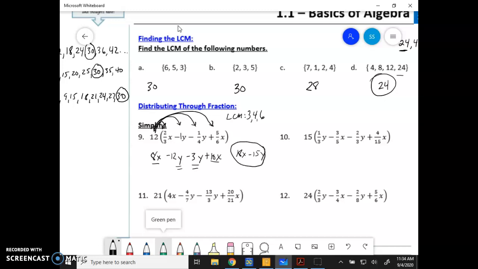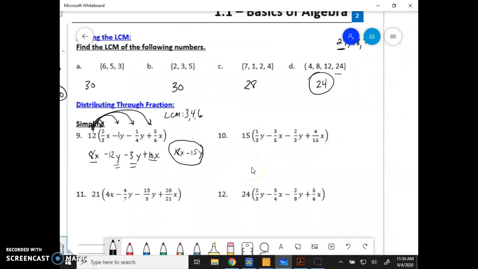Okay, so this is essentially the same thing, just going through. 15 times 1 divided by 3 is 5y. 15 times 3, 45, divided by 5 is 9. And then just remember to drop down the right sign, okay?